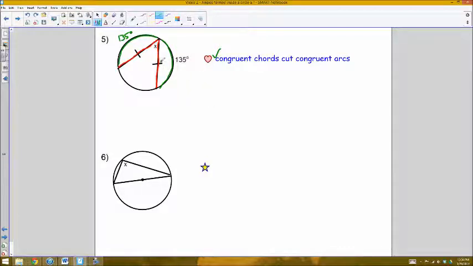Well, since any circle contains 360 degrees, and I've already accounted for 2 times 135 of them, and 2 times 135 is 270, if I take that 270 out of that 360 degrees, I'll be left with 90 degrees, meaning that the measure of the remaining arc must be 90, so that these three arcs will add up to the 360 degrees of the whole circle.